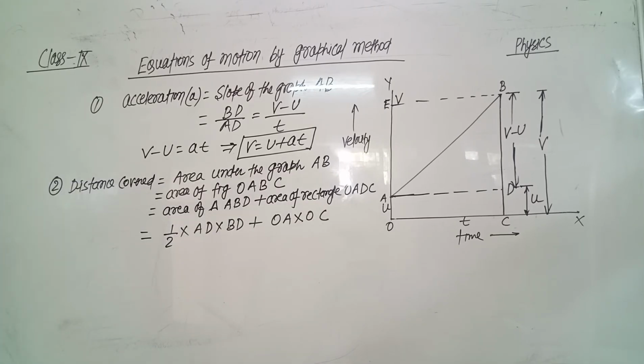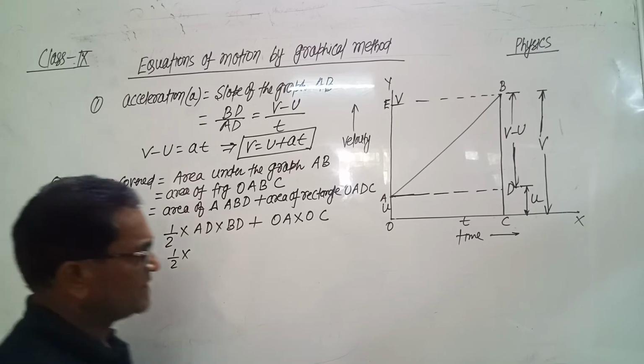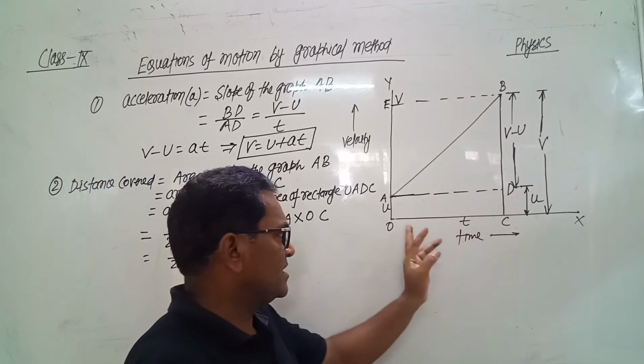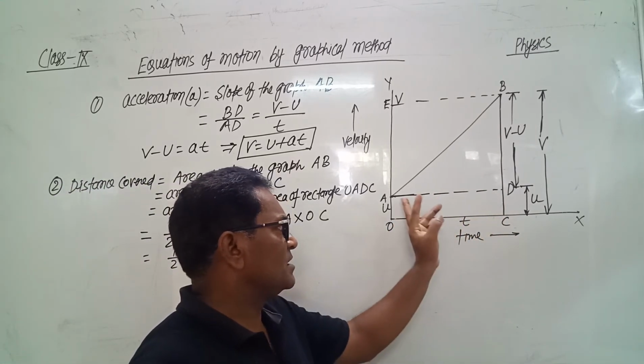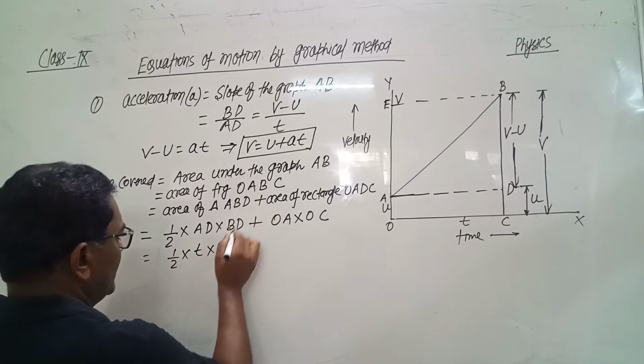Now for the value of AD: since OC is t, AD will also be t. So half into AD into BD.